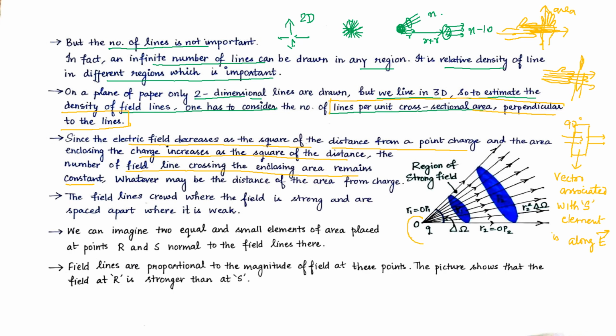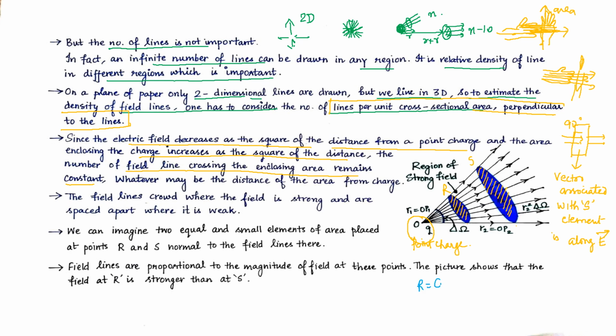We have a charge Q, a point charge over here, and this one is one area R, and this one is another area S. Here, as the distance is increasing, the area is also increasing. R is circular in nature.